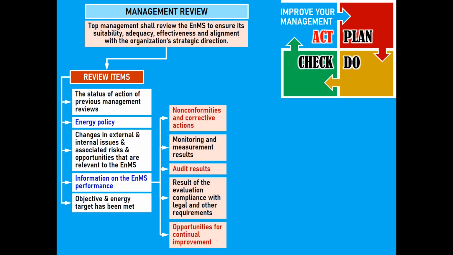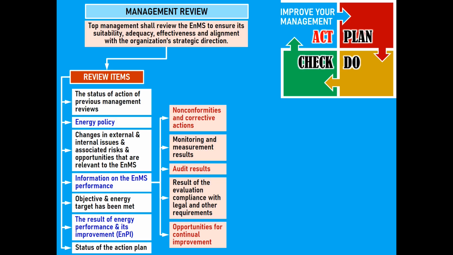Also under review items are the objectives and energy targets that have been met, and the result of energy performance and its improvement, which refers to the energy performance indicator. The last one is the status of the action plan.